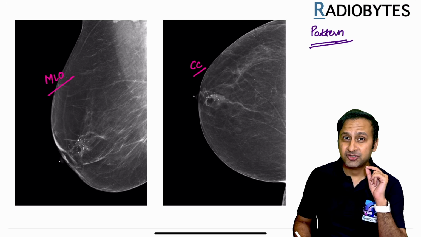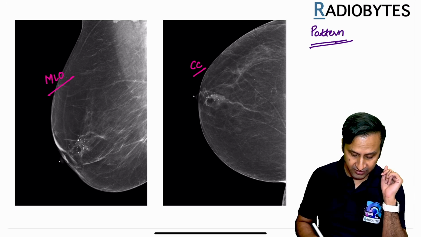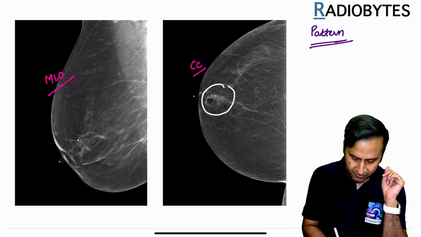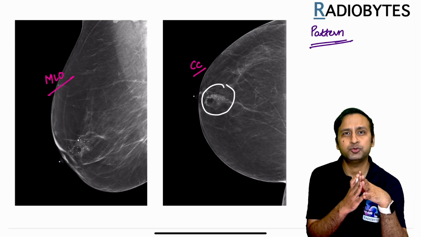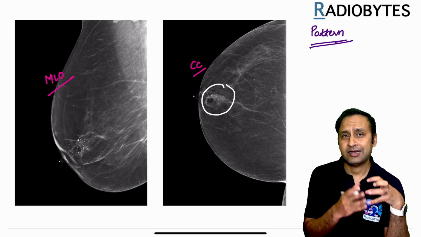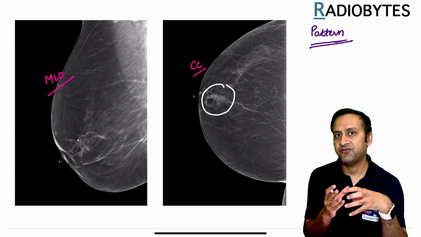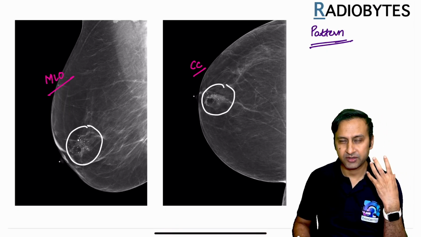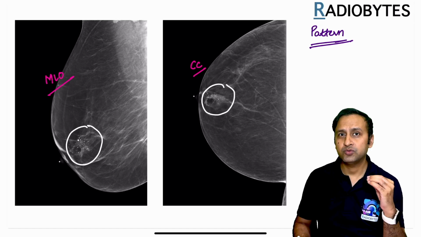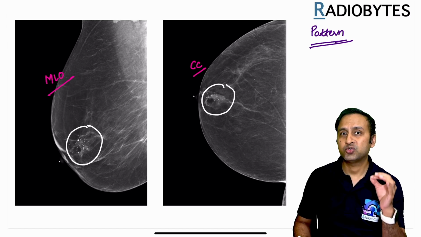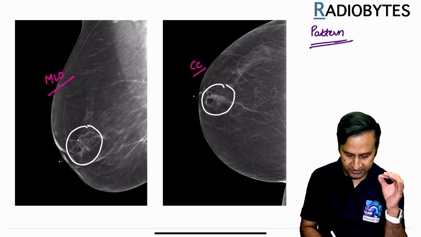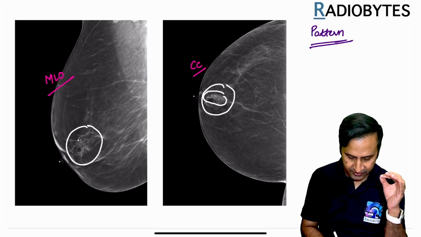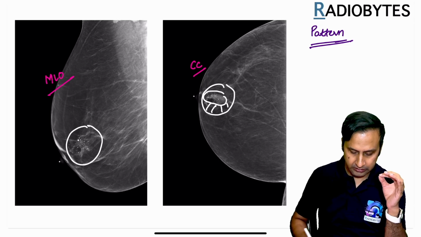The major concern that I have in this case is that this is having a very focal distribution. I mean, a lot of calcifications are concentrated at a very small area. No matter whether you look at the mediolateral view or the craniocaudal view, in both the views, the calcifications are closely clustered. And these calcifications are also looking as if they are conforming to the ductal pattern.